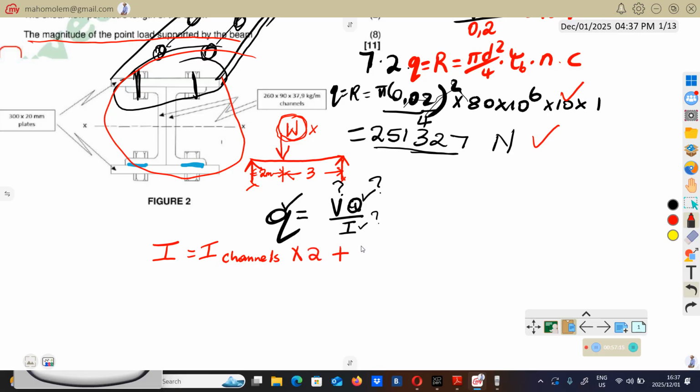Then we've got plates. When we check them, we've got 2 of them, and they are identical. We're going to multiply them by 2 as well. So firstly, let's find this I. Maybe we can start by finding I of the channels.